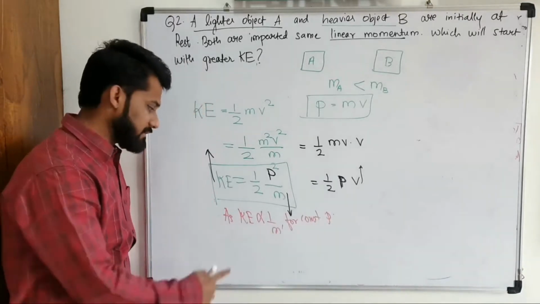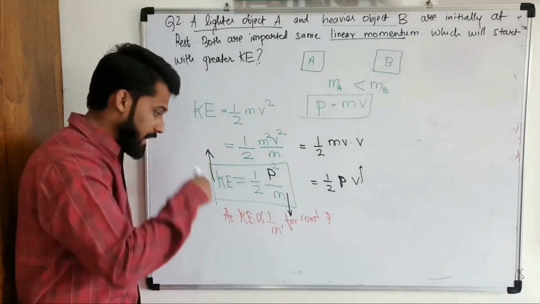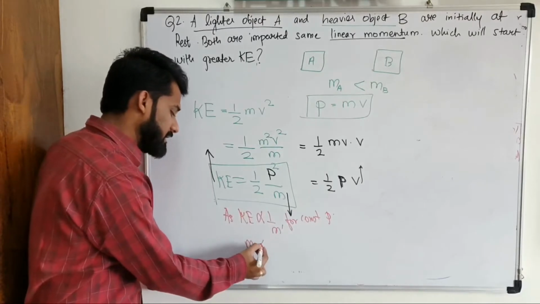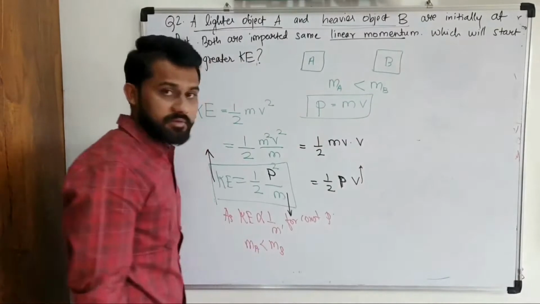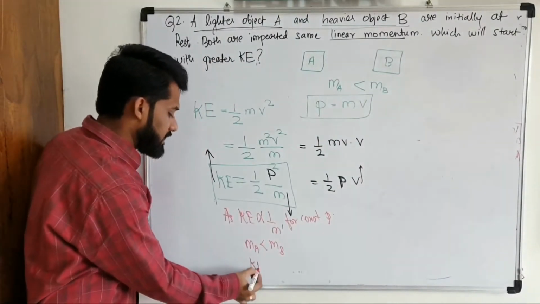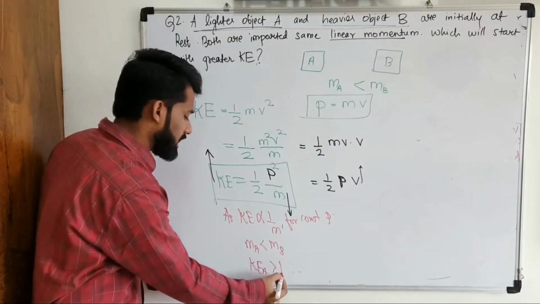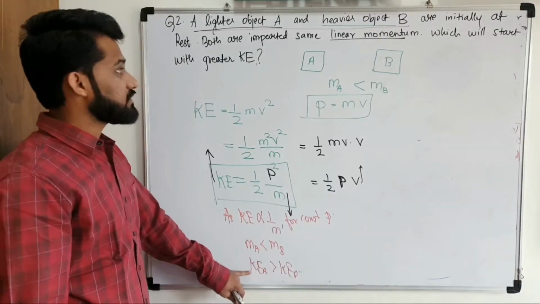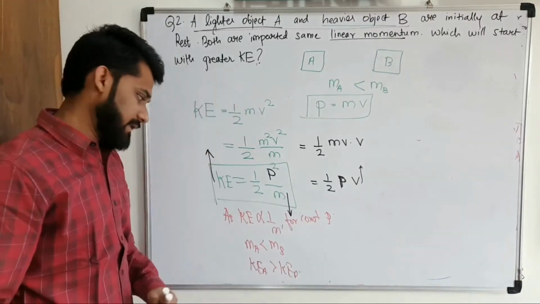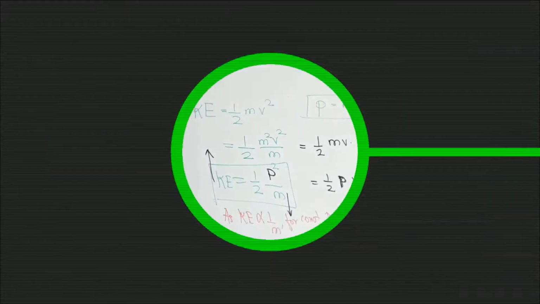And as mass of A is less than mass of B, it is given in the first statement straight away, therefore kinetic energy of A will be greater than kinetic energy of B. This is the answer for question number 2. Kinetic energy of object A will be greater than kinetic energy of object B.